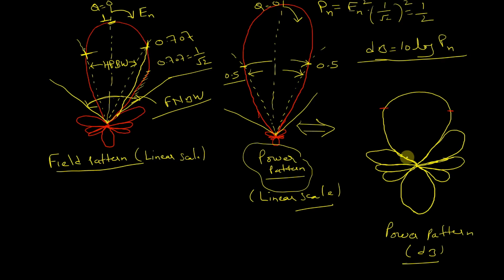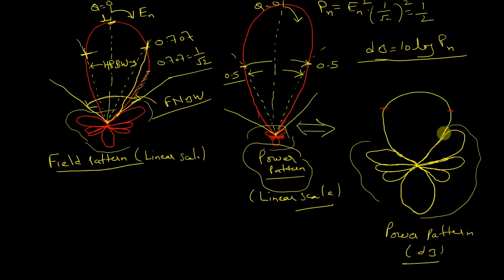Now what are the advantages of this dB scale? You can compare here, in this field pattern, these side lobes are shown larger in size as compared to this power pattern. Now see this dB scale.